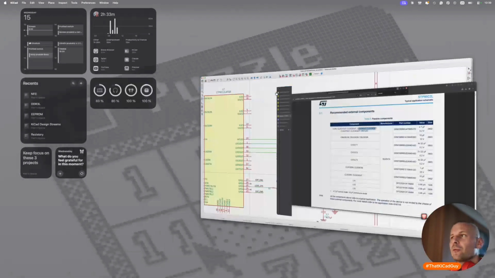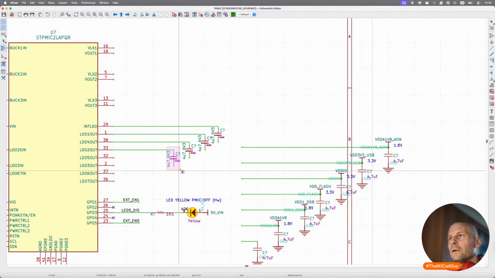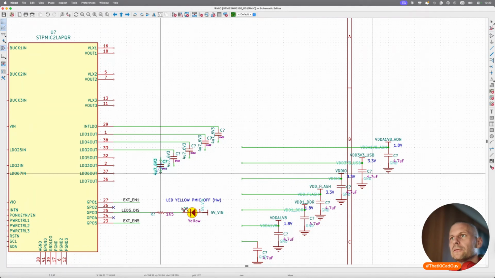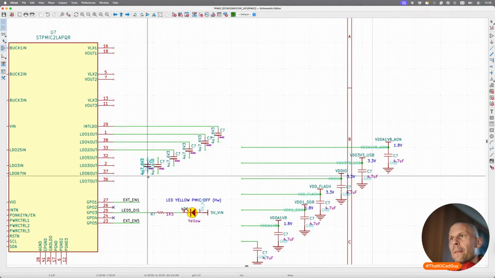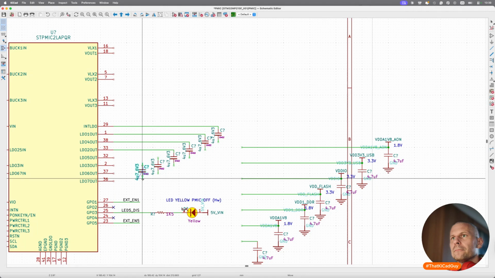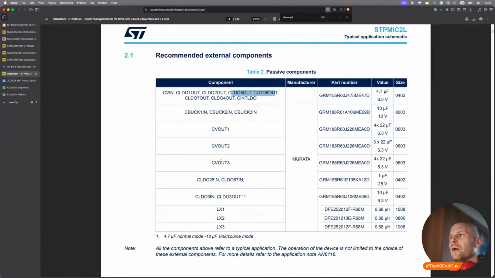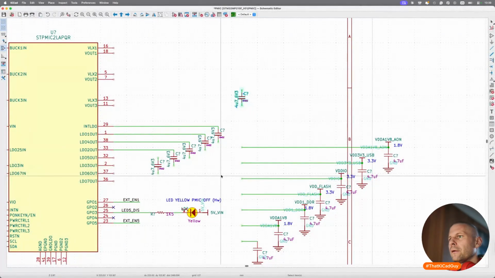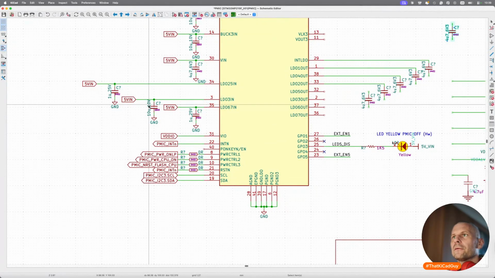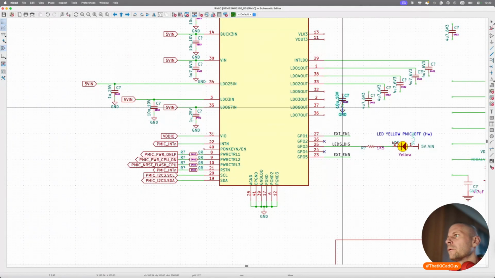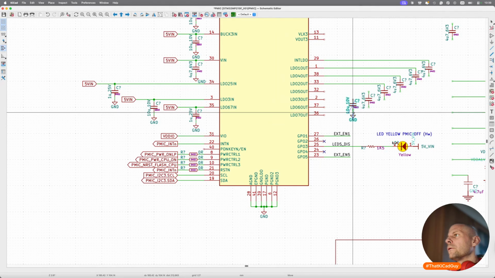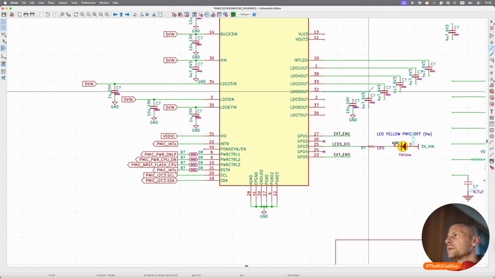Okay, 5, 6, 7, the same ones. And that's good. 5, 6, 7, 3. What's the 3? LDO3 out is 10 micro. So 10 micro. LDO3 10 micro and 6, 7s are 4 micro 7.